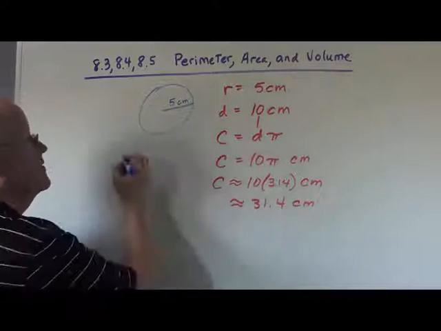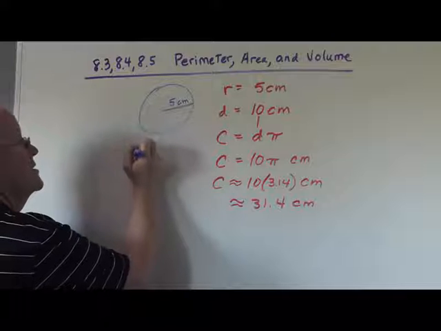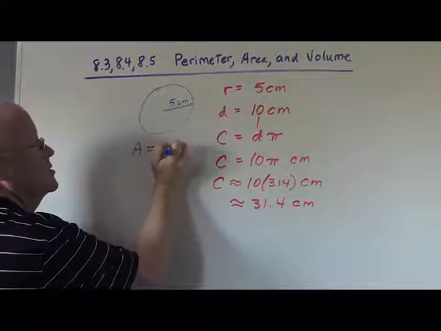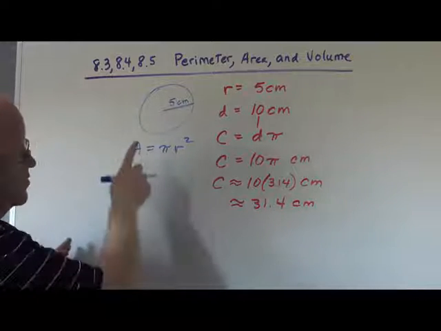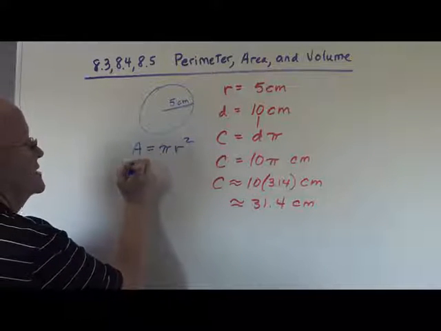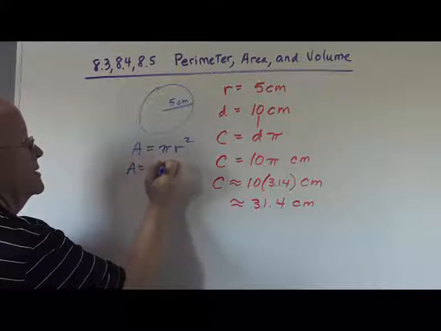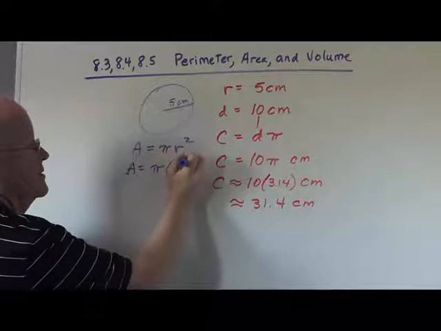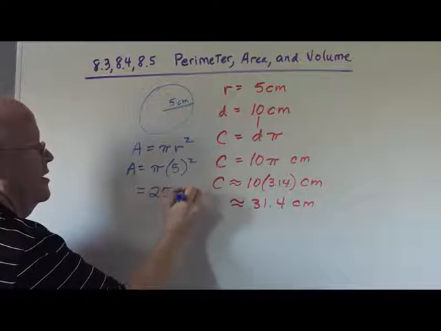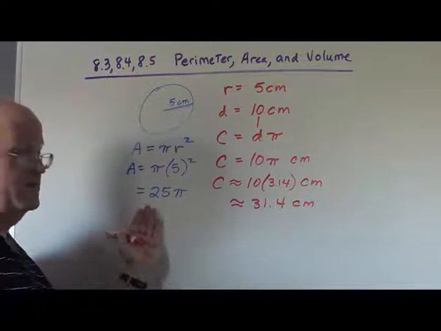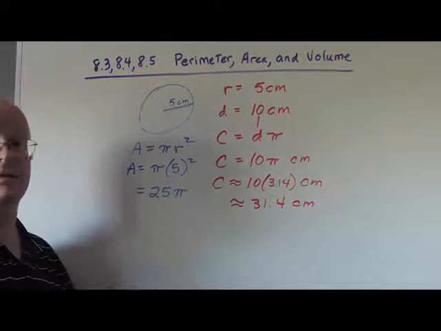Now, a formula for the area of a circle is area is equal to pi r squared. And so if the radius is 5 in this case, the area would be pi times 5 centimeters squared, which would be 25 pi. We like to put the coefficient, the number, in front of the pi symbol.